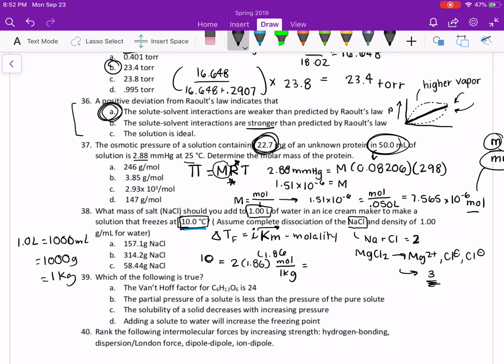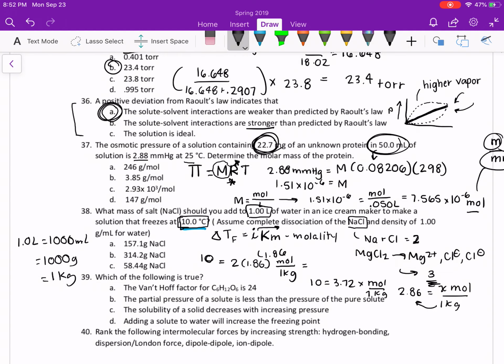So when you multiply the right side together, you're going to get 10 equals 3.72 times moles per kilogram. When I divide 10 by 3.72, I get 2.86 equals this X amount of moles per kilogram.